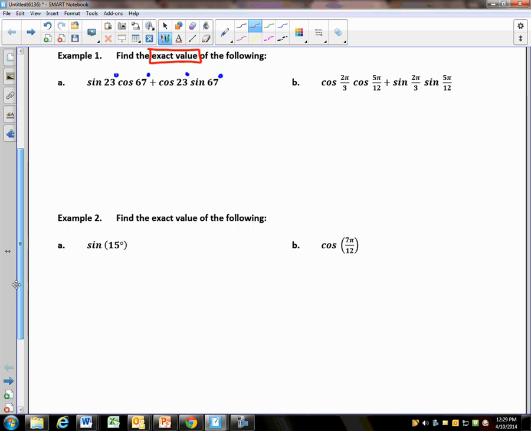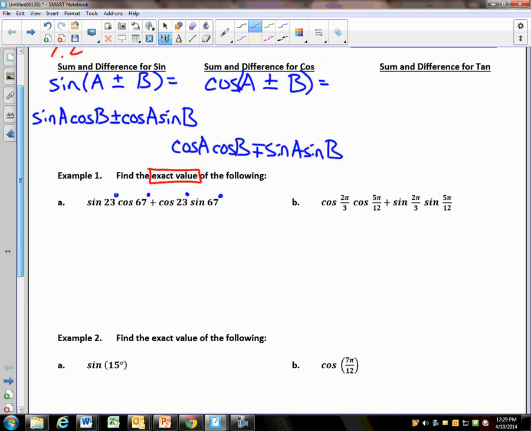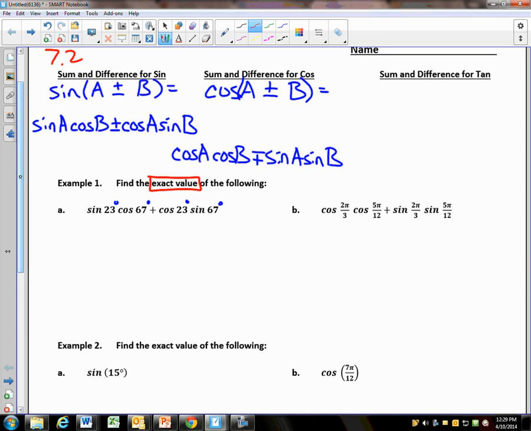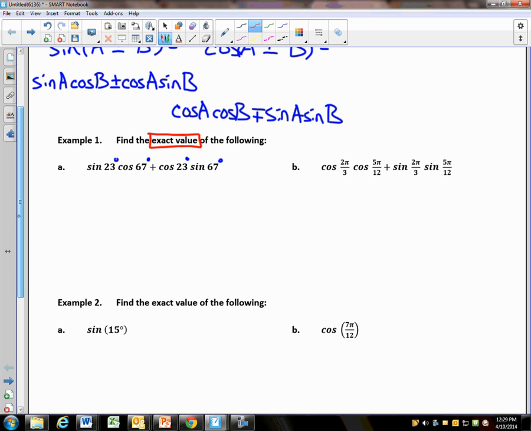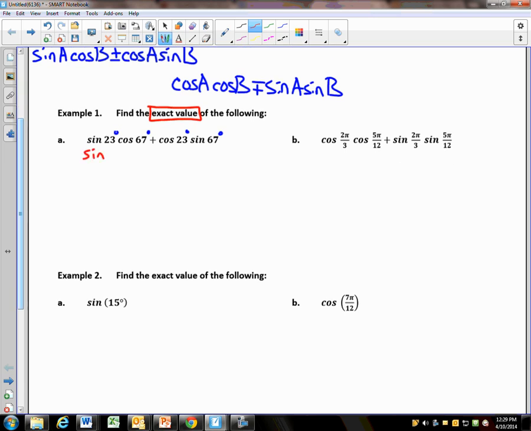Does that look familiar to you? Yes. Where does it come from? When you see this, it should be in your brain right now: hey, I see that here. That's similar. In fact, that looks like sine of some angle A times the cosine of some angle B plus cosine of angle A times the sine of angle B. And we know that that formula right there is the same as sine of what?